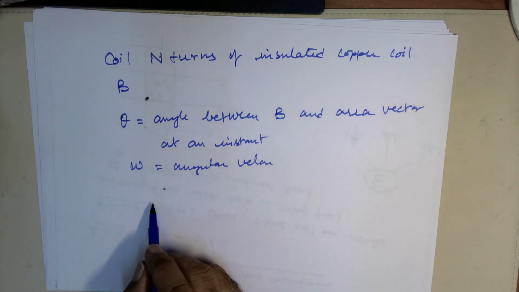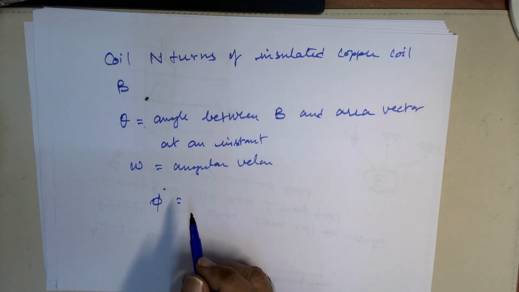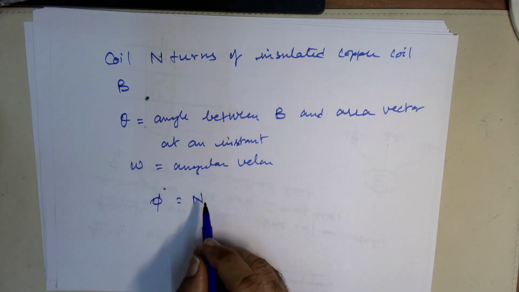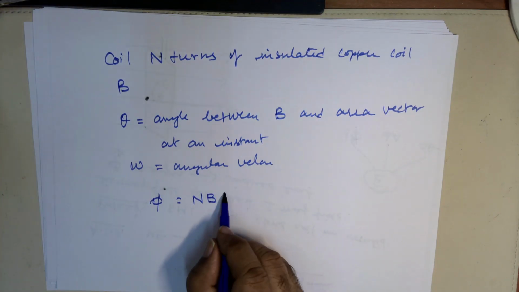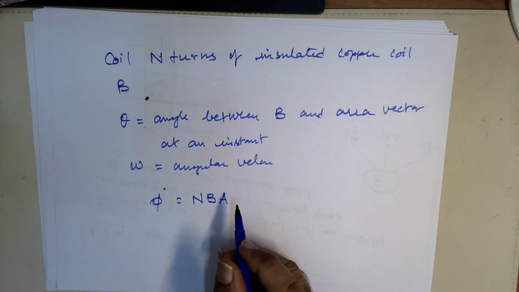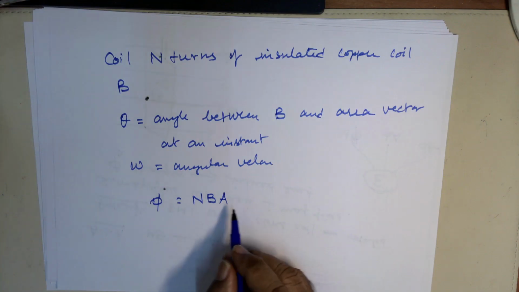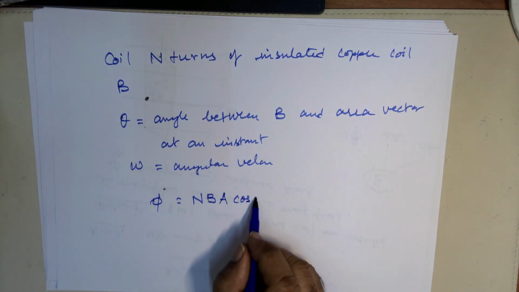So the magnetic flux is given by how many turns of coil? N number of turns of coil. It depends on B, the magnetic field, and also A, the area enclosed by the coil. Do you understand? Then cos theta.